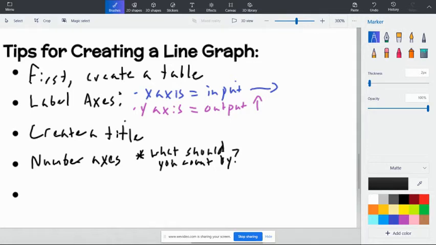If we were looking at sales in the millions, which is what we were looking at, I'm not going to want to count my graph by ones on the y-axis. I'm not going to want to go 1 to 2 million. I'm probably going to want to count by about 50,000, maybe even more than that, maybe 100,000 or 200,000. That way it's easy for you to see what's going on in the graph and it's not cluttered.